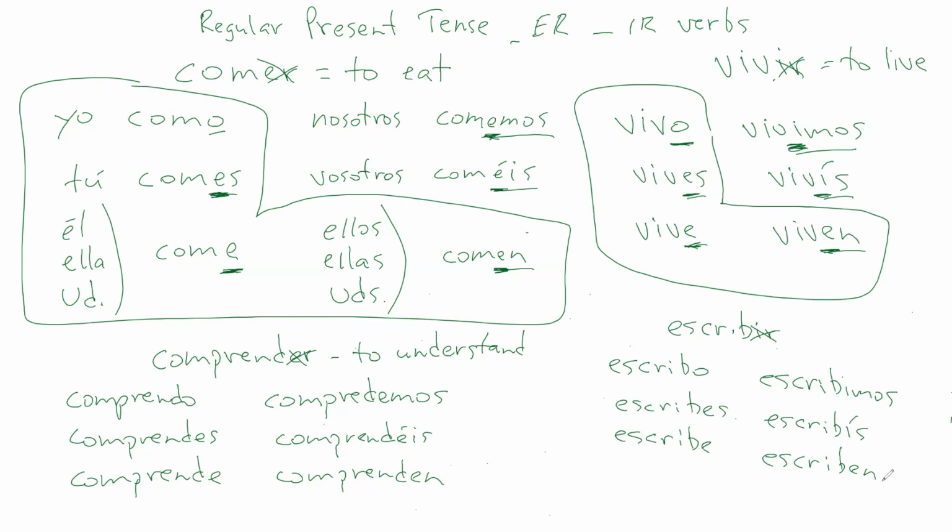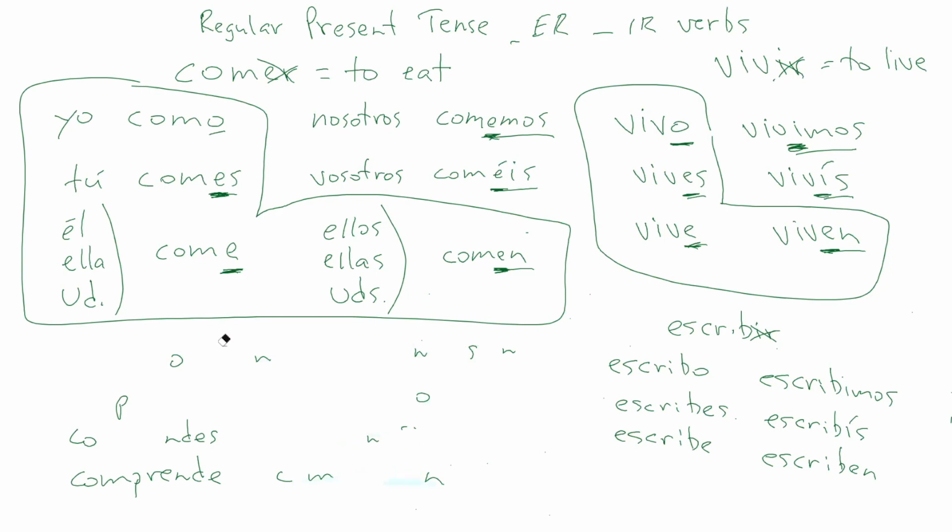And again, remember, these simple present tense conjugations have two ways to translate, right? We can look at escribir for I write or I am writing, right? Vivo, I live or I am living, okay? Como, I eat or I am eating. If we say comemos, what do we have?